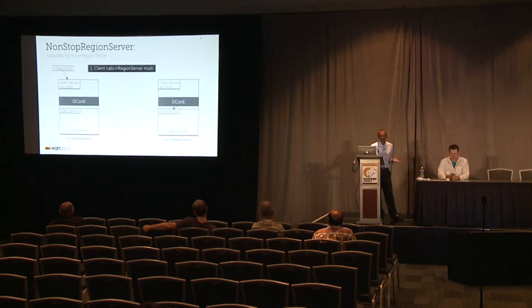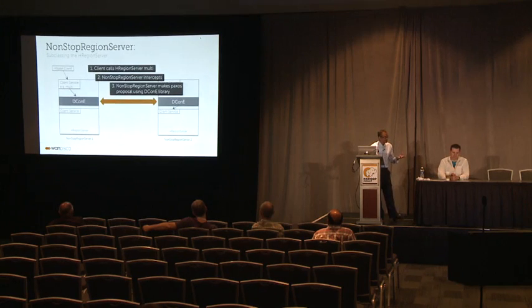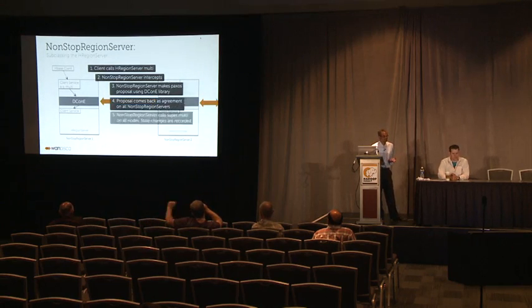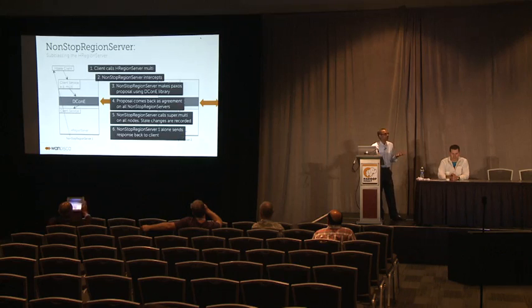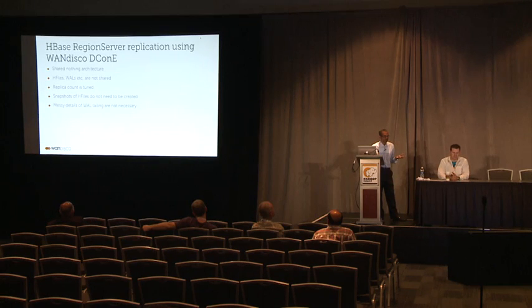So the client calls multi, and the nonstop region server intercepts it. It makes the Paxos proposal to our distributed coordination engine, and Paxos is running between these servers. The proposal comes back as an agreement on all the nonstop region servers. The nonstop region servers call their state machine and make their change. The nonstop region server that the client is connected to will send the response back, and that's the end of that put request.